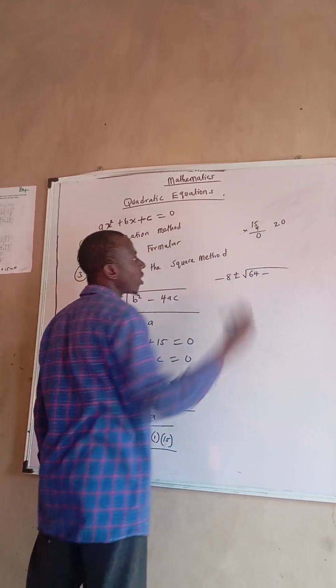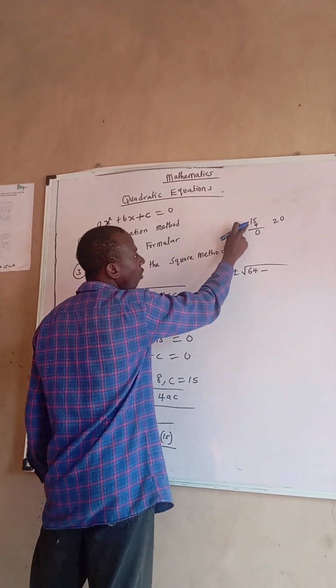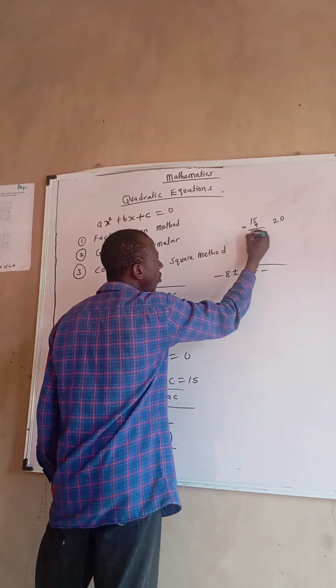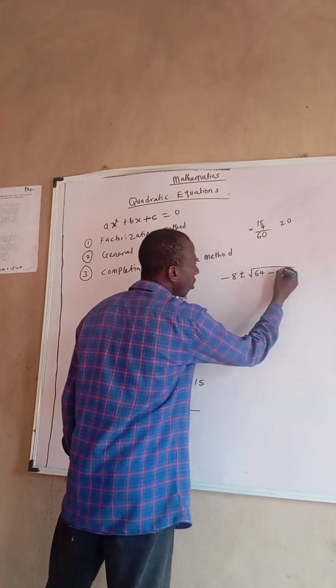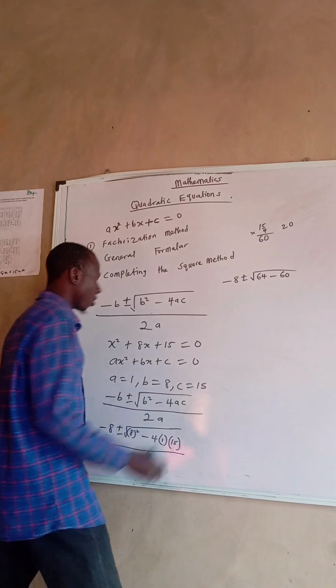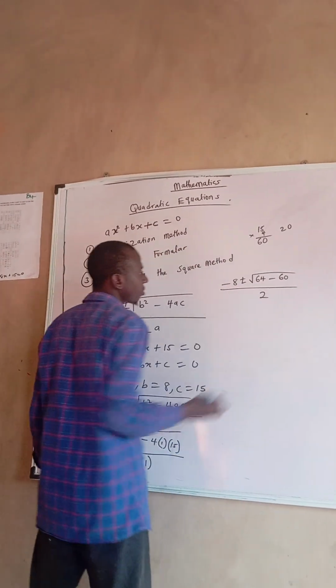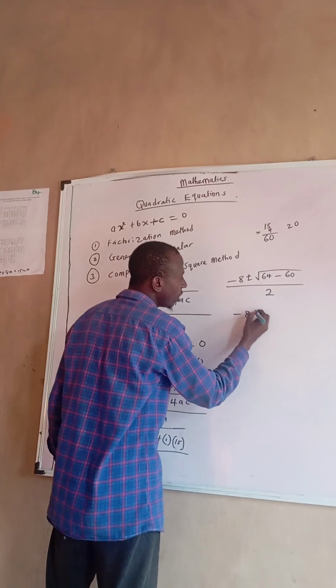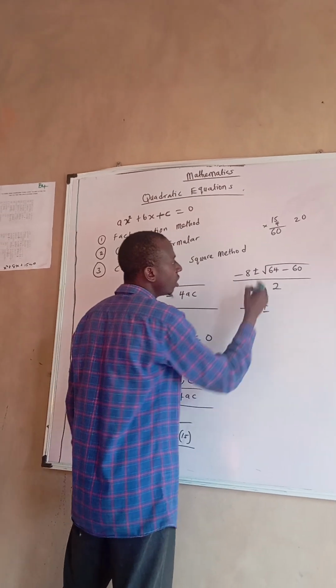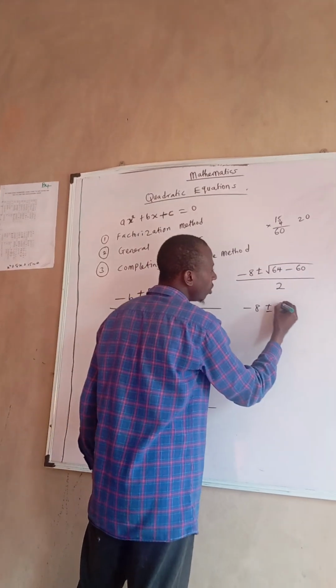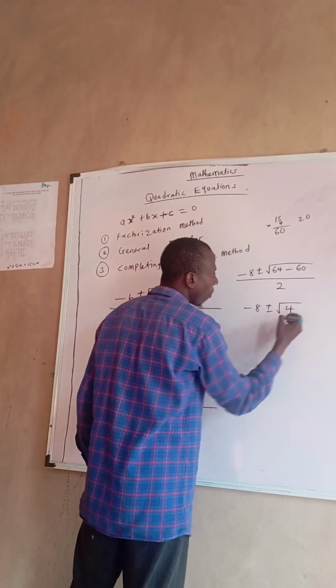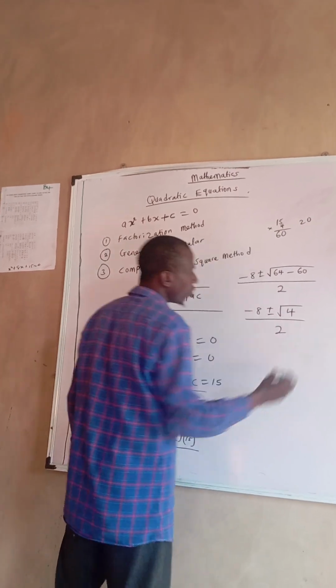We write 0 and keep 2. 4 times 1 is 4, 4 plus 2 is 6. So that's minus 60, all divided by 2 times 1, 2. Now this will be minus 8 plus or minus the square root of 64 minus 60. It will give us 4, all divided by 2.